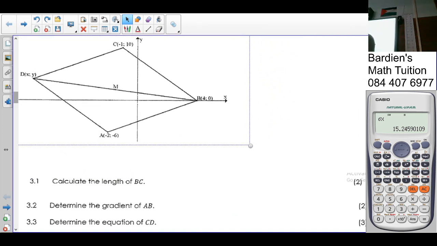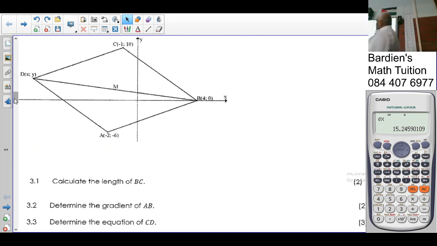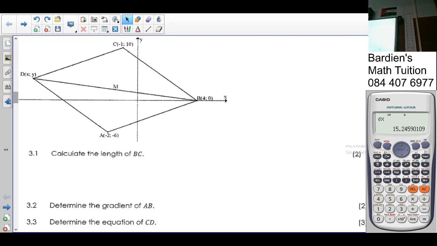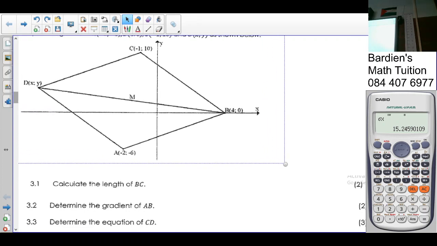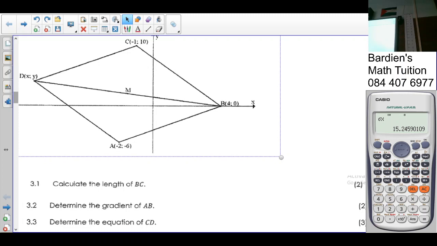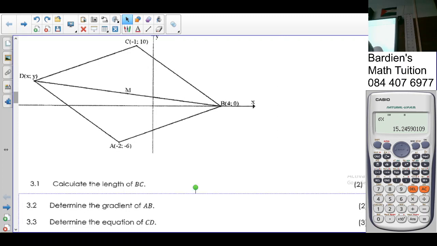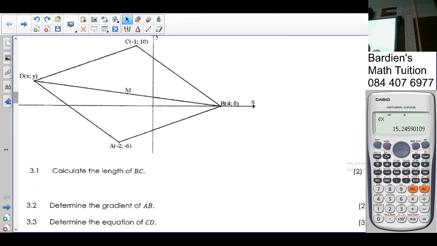So what I'm going to do is I'm going to move this over so I can do all the calculations on the side. Okay. So the first question is calculate the length of BC. So how do we calculate the length of a line? We're going to use the distance formula.